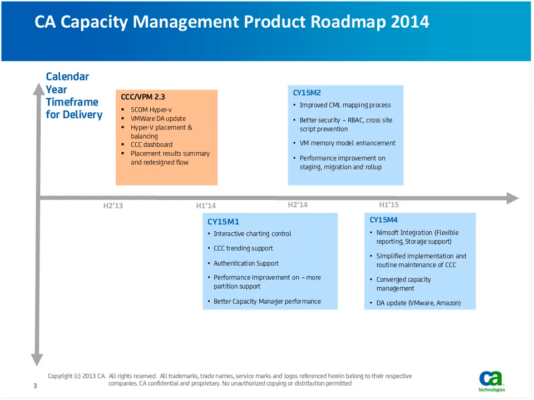One caveat there is in the first release, it most likely won't have all the reports that you have today, like in the current capacity reporter. But over time, it's our intention to close the gap. But by the end of the calendar year, this year, we should be able to see some fruit on the NIMSOFT integration front. And the one aspect is flexible reporting.